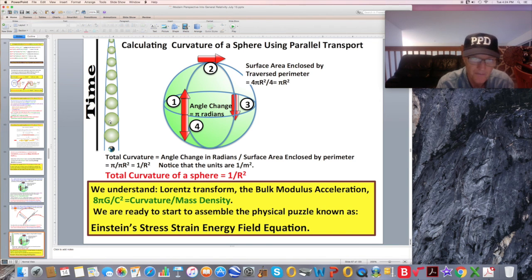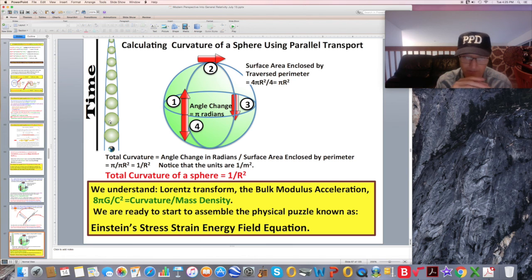And we found out that the geometric curvature of a sphere is 1 over r squared. We also went through the Lorentz Transformation, actually derived it and showed a picture of it. And we worked out that 8 pi G over c squared is equal to the curvature divided by the mass density.